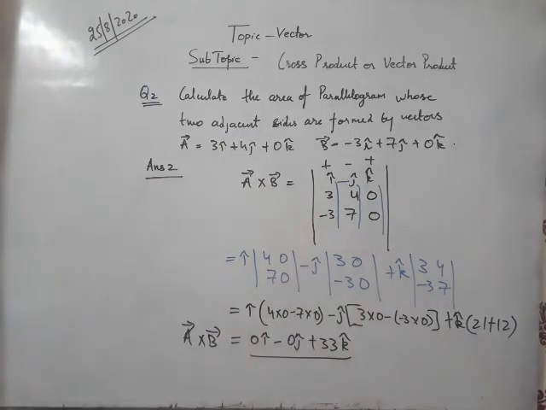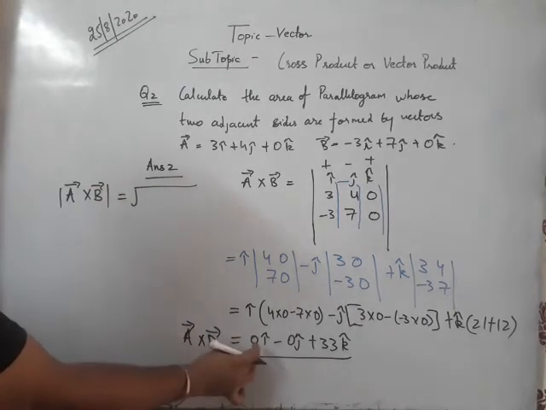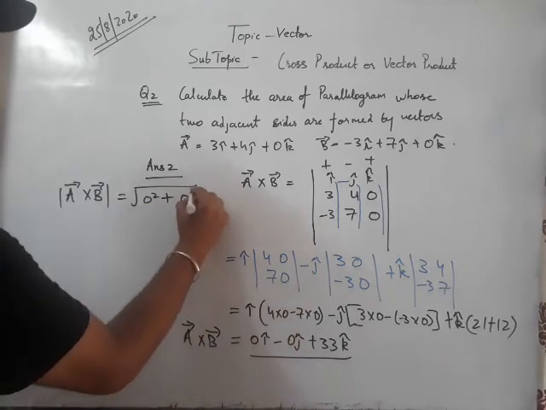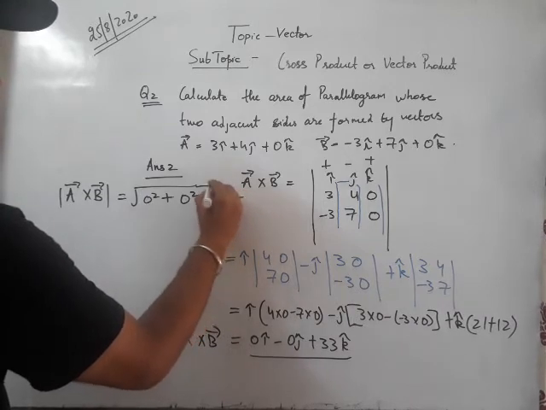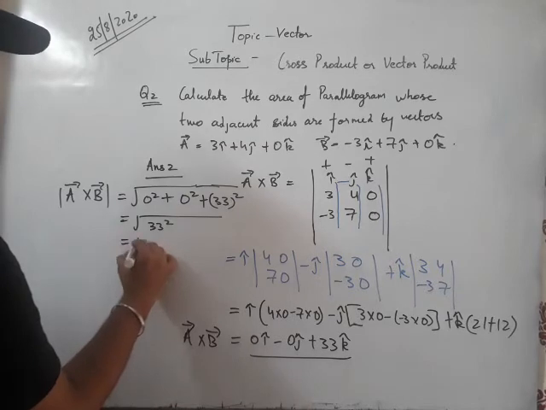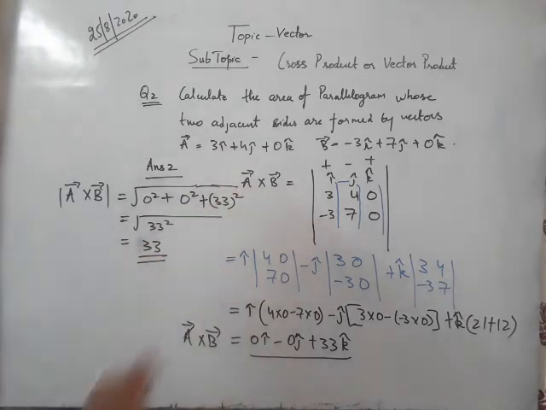Now we have to find out the area of the parallelogram, which will be equal to the modulus of this cross product. The modulus will be given as the square of i's coefficient, that is 0 square, the square of j's coefficient, that is 0 square, and the square of k's coefficient, that is 33 square, all under the root. We need not square anything, because the square will be cut by the root, so the area of the parallelogram will be equal to 33.